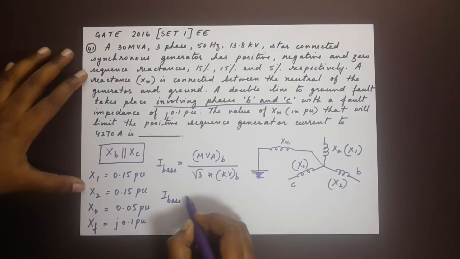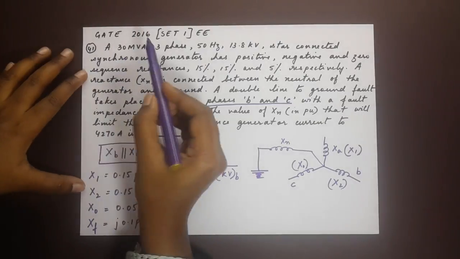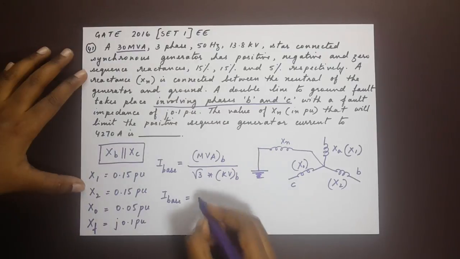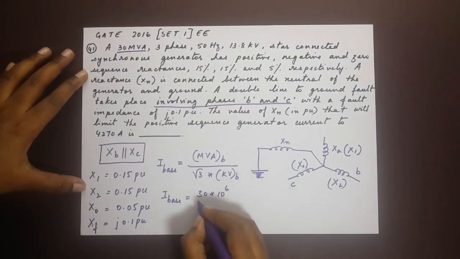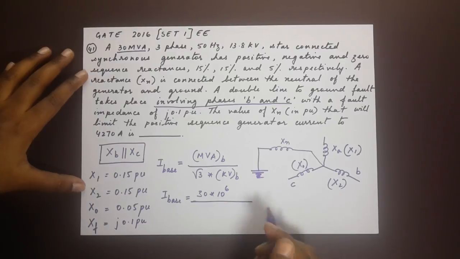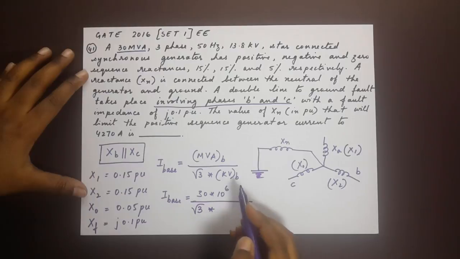So using the values given in the question, we have 30 MVA, so that's 30 into 10 power 6. We have to be careful with the units as well. Divided by √3 into kV.